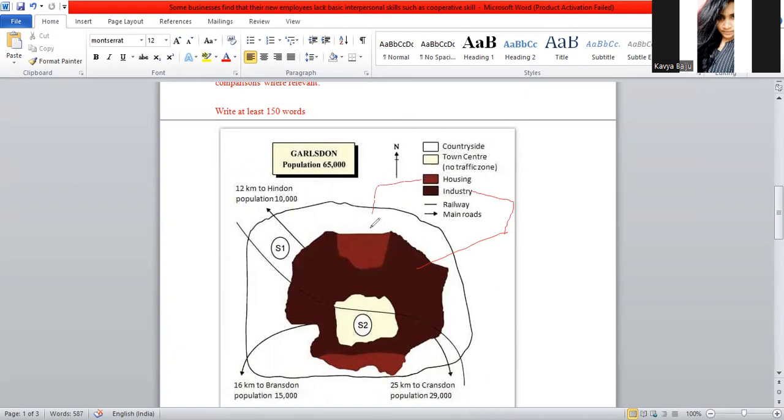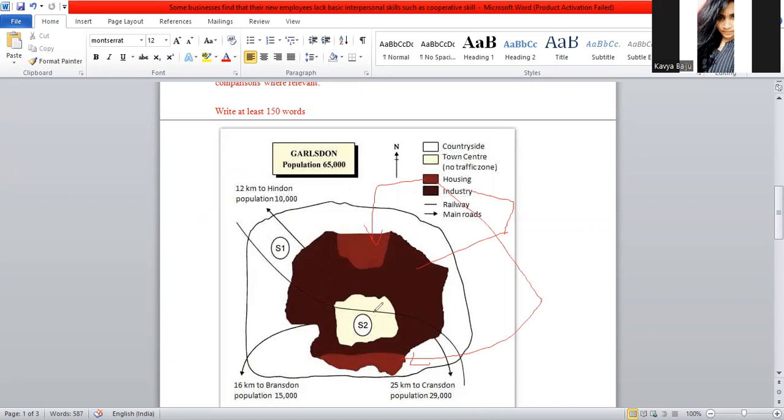You can see housing areas 1 and 2, that's on the north and south. We have housing establishments, and the rest, the majority of the area, is industrial.